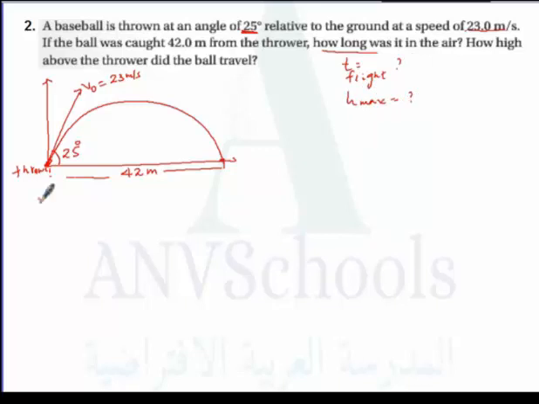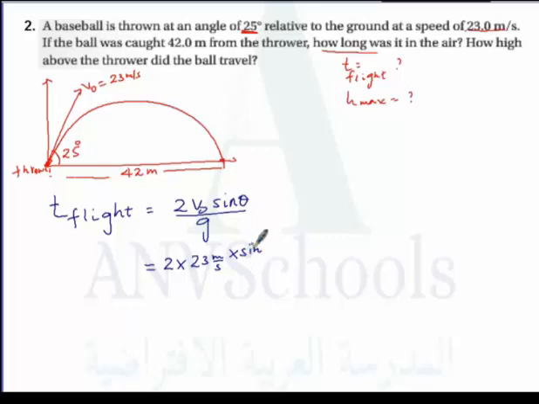I have already derived the formula for total time of flight. The total time of flight is given by 2 V naught sine theta divided by g. This is the formula. So calculating the total time of flight, this is 2 multiplied by the initial speed 23 meters per second, multiplied by sine 25 degrees, divided by 9.8 meters per second squared.